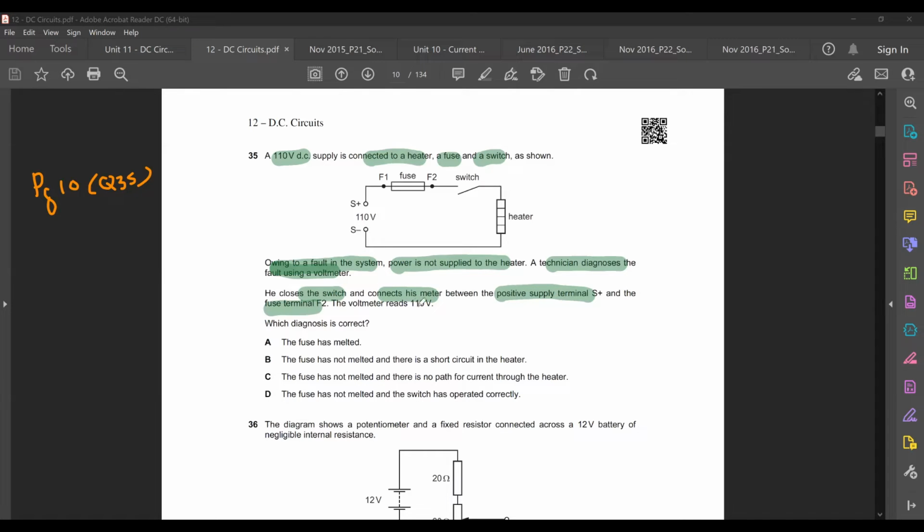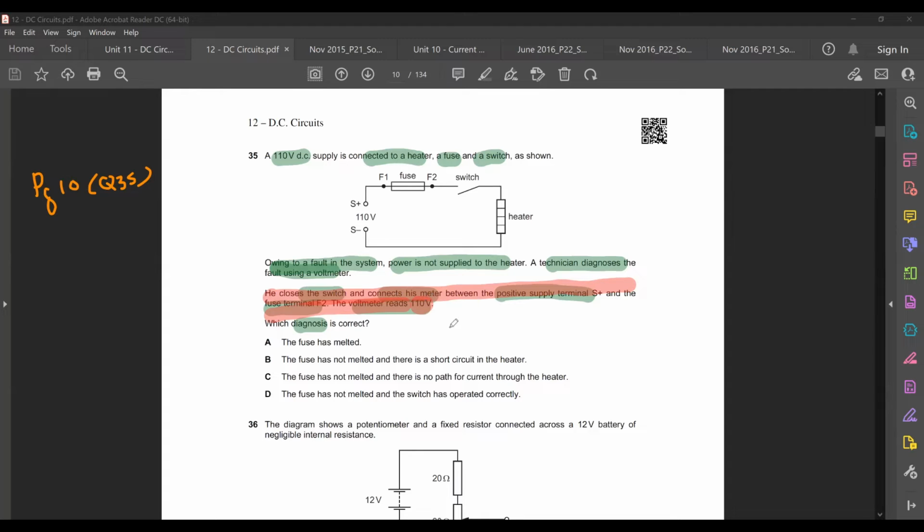The voltmeter now reads 110 volts. Which of the following diagnoses is correct? Meaning, which of these faults is the correct one that gives you this observation of a voltmeter reading of 110 volts?